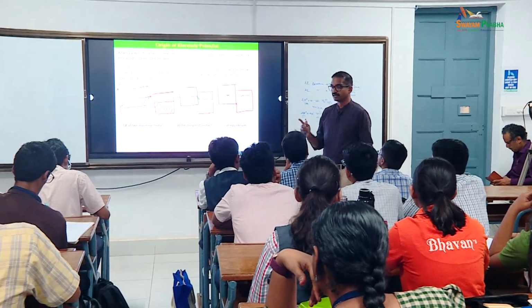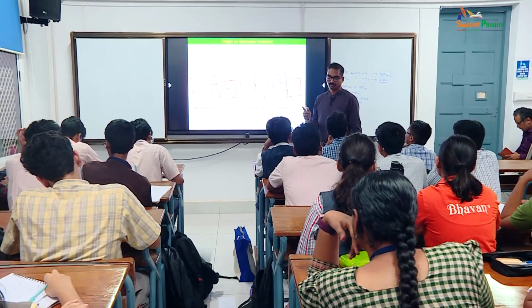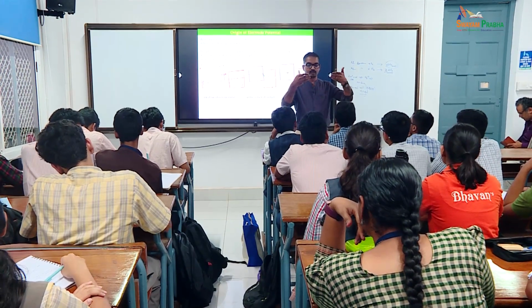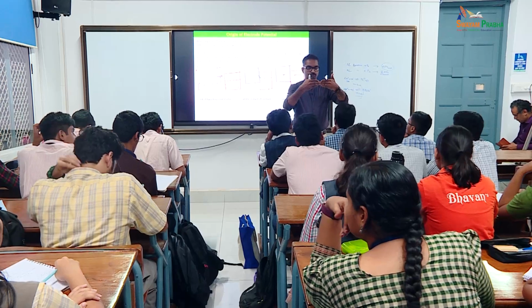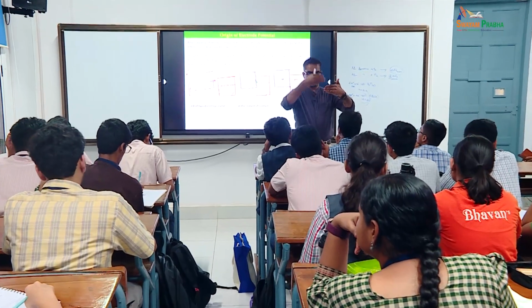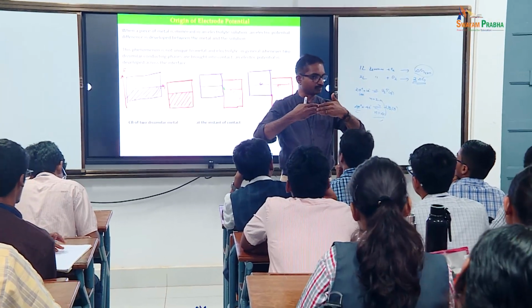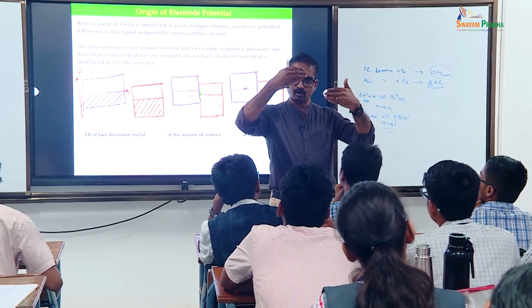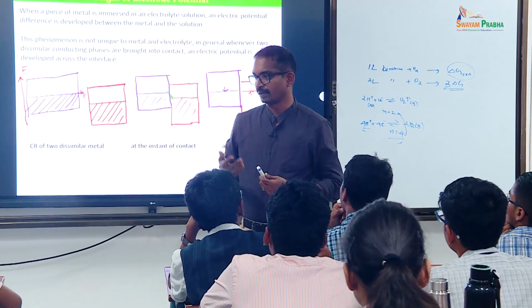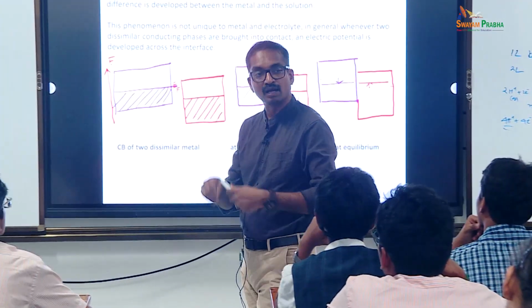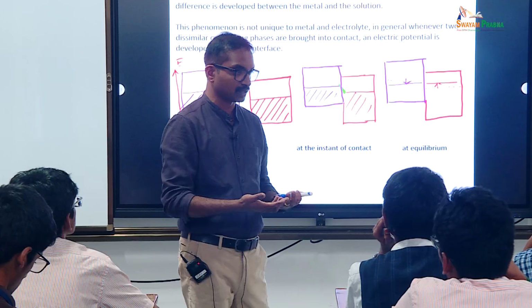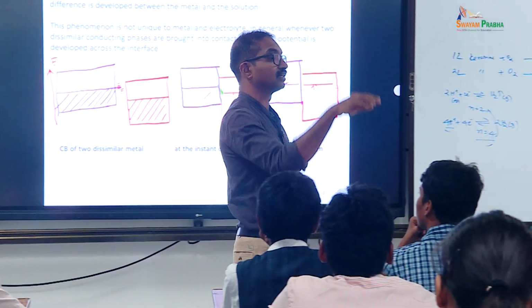In the case of molecules, we call it HOMO, highest occupied molecular orbital. In the case of metals, we call it bands: conduction band, valence band, and in between the Fermi level. So the Fermi level of zinc will lie at an energy level higher than copper, closer to the vacuum, so your work function is small.